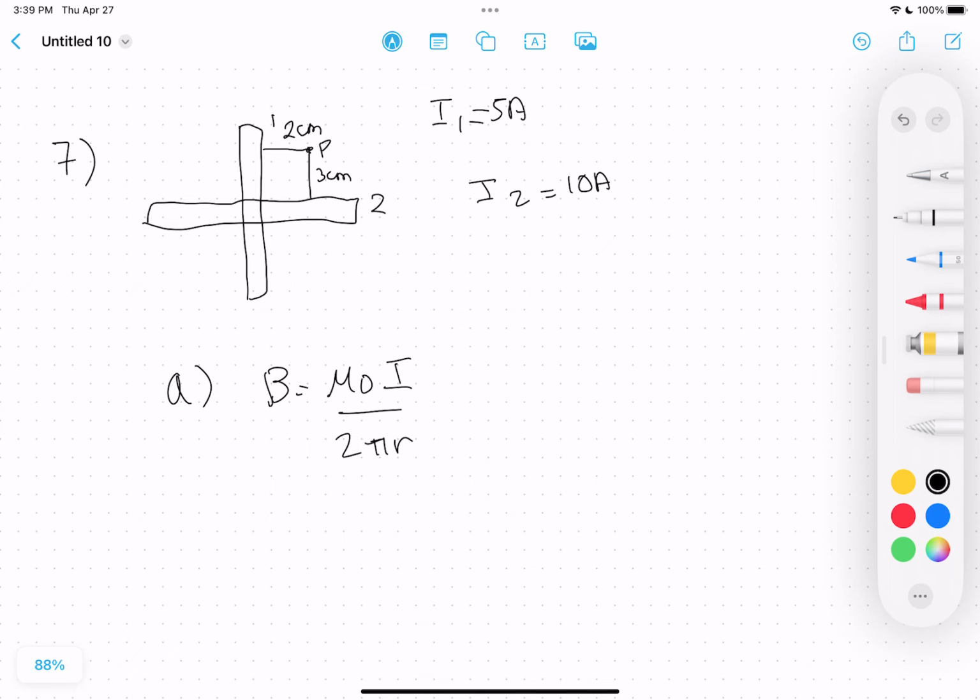It looks like that, and I can show you which one here. This one right here, magnetic field of a wire.